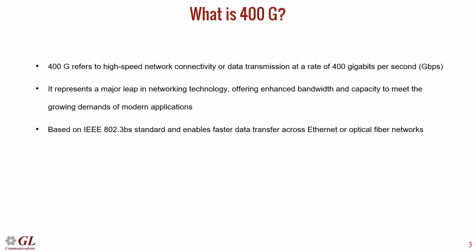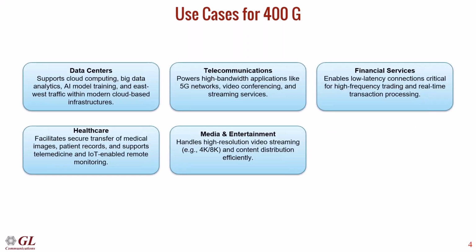You're going to see 400G in all sorts of core network infrastructure, in data centers and between data centers, and in core network infrastructure connecting cellular towers. So it's used all over the place, again in data centers and in telecommunications networks.